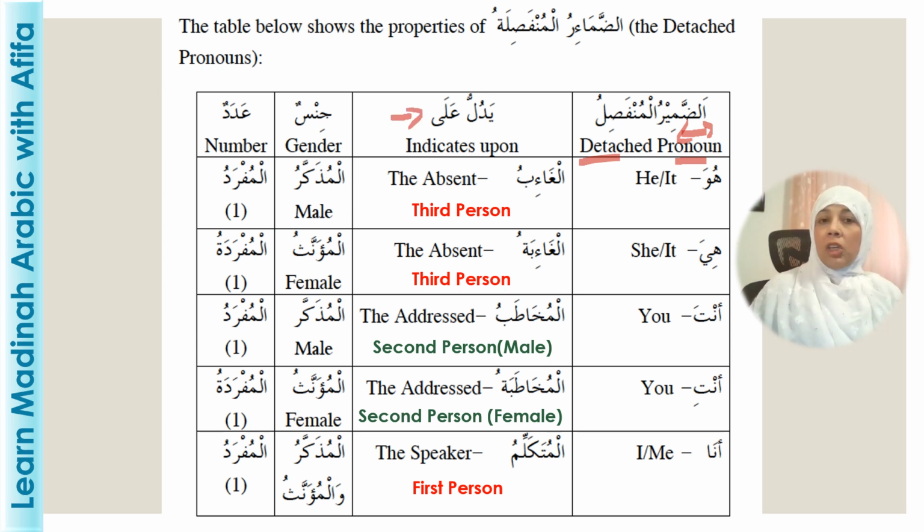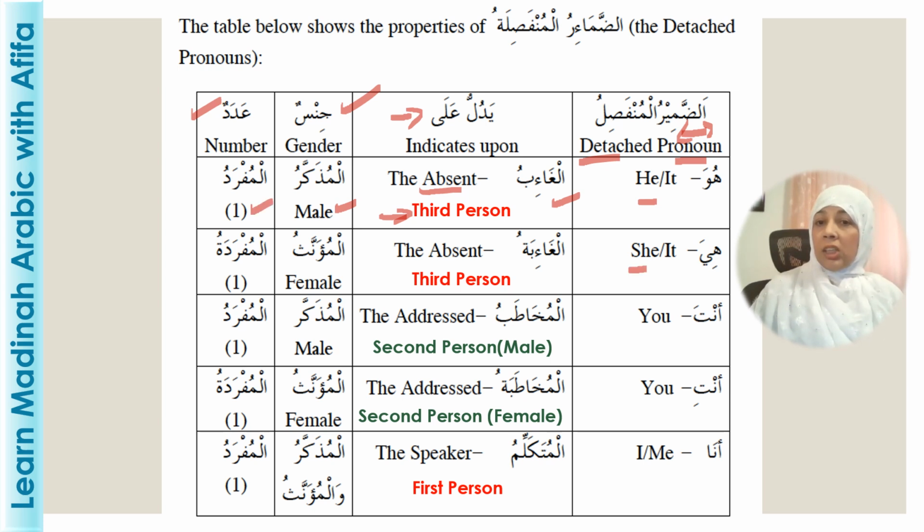And jinsun is gender. Adadun is number. We studied huwa, which is he or it. And when we speak about he is absent. He's not here. So we say in Arabic for the absent, al-ghaibu, which is the third person. And this is male, which is al-muzakkaru. And it is singular that we're studying, which is al-mufradu.